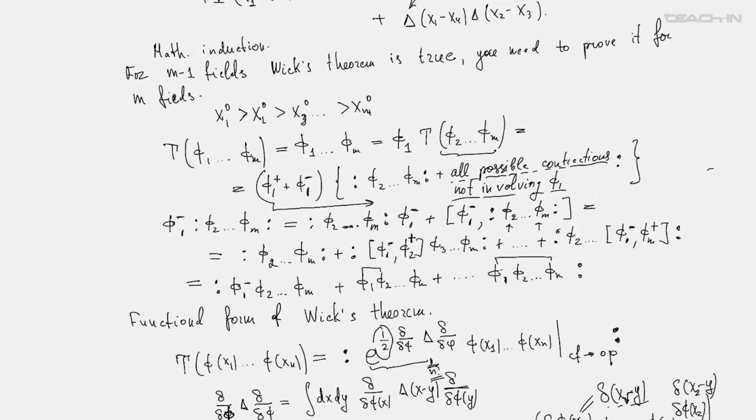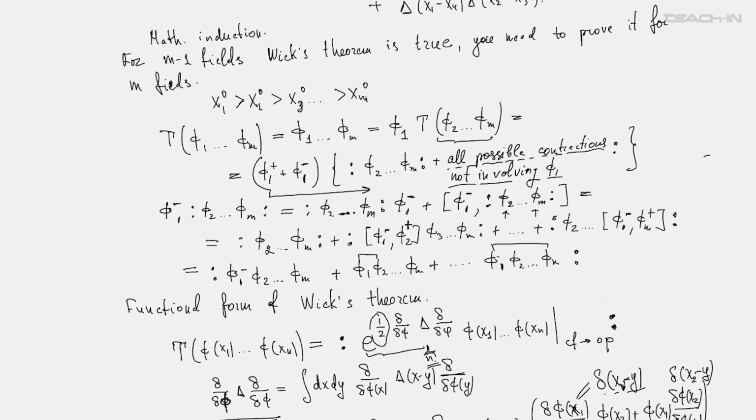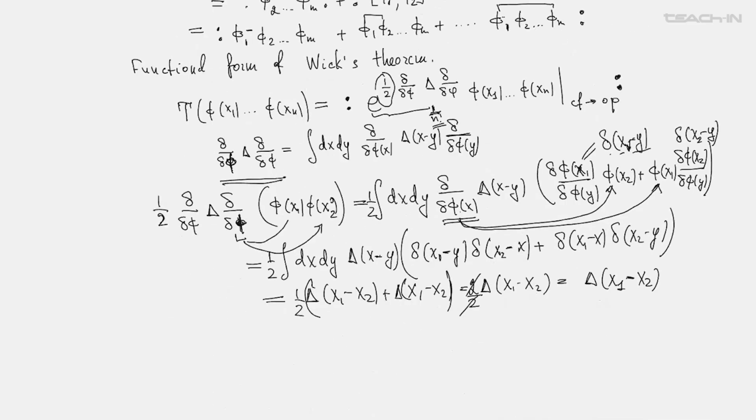For instance, if you want two contractions, you get here 3 terms: 1, 2, 3. These 3 terms will appear because, upon applying this functional operator in the second order of expansion of the exponential, the corresponding term 1 over 2 squared produces exactly the right number of terms, namely 3, which appear in the actual Wick theorem.